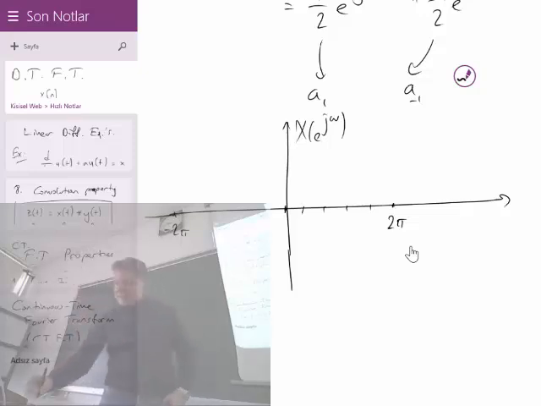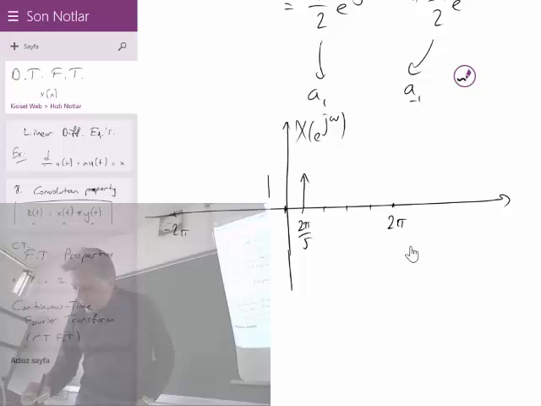Let's assume that this position is 2 pi over 5. At 2 pi over 5, I have an impulse, which is omega 0. At minus 2 pi over 5, I have another impulse. Minus 2 pi over 5 is here. And the magnitudes of these impulses are 2 pi times 1 over 2.